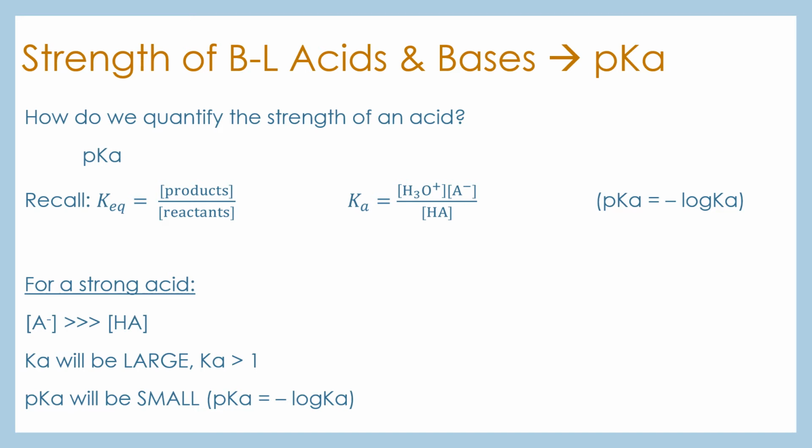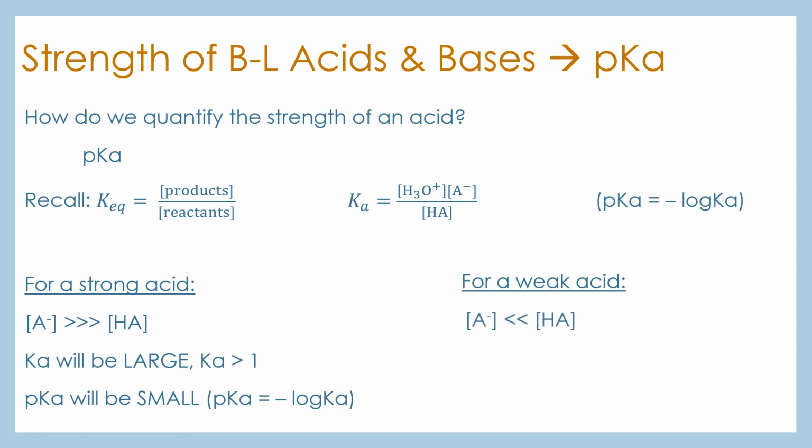Type in a number like 1 million or 1,000, something large but not super crazy, and come up with the negative log of it. You'll see that the number for the negative log is actually very, very small. So a strong acid is going to have a small pKa, most likely a negative pKa.